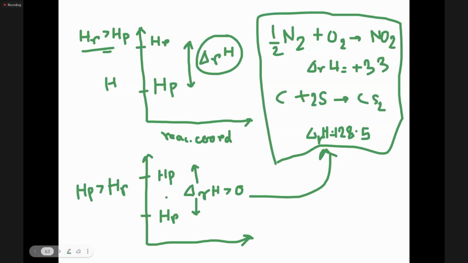Therefore, it becomes quite obvious that while a decrease in enthalpy may be a contributing factor for spontaneity, it is not true for all the cases. So endothermic reactions can also be spontaneous. If endothermic reactions can be spontaneous, we will have some different parameters that we will discuss here.